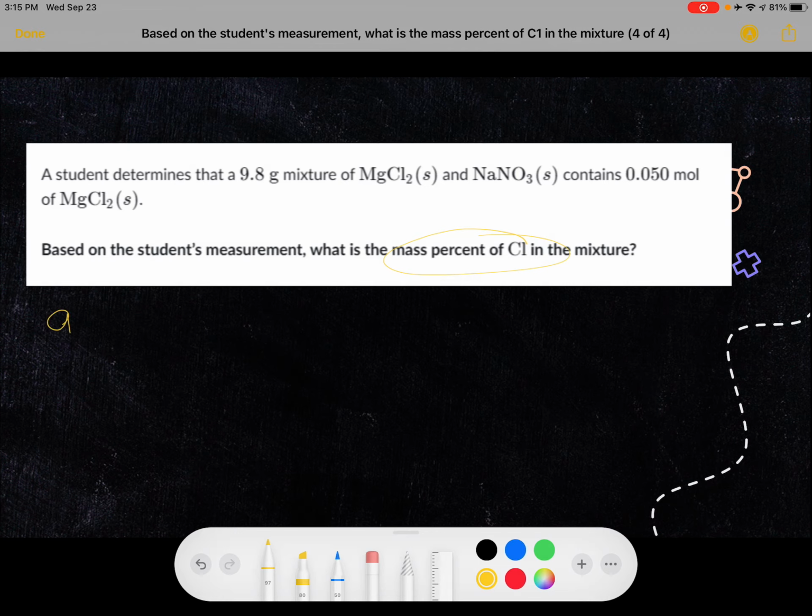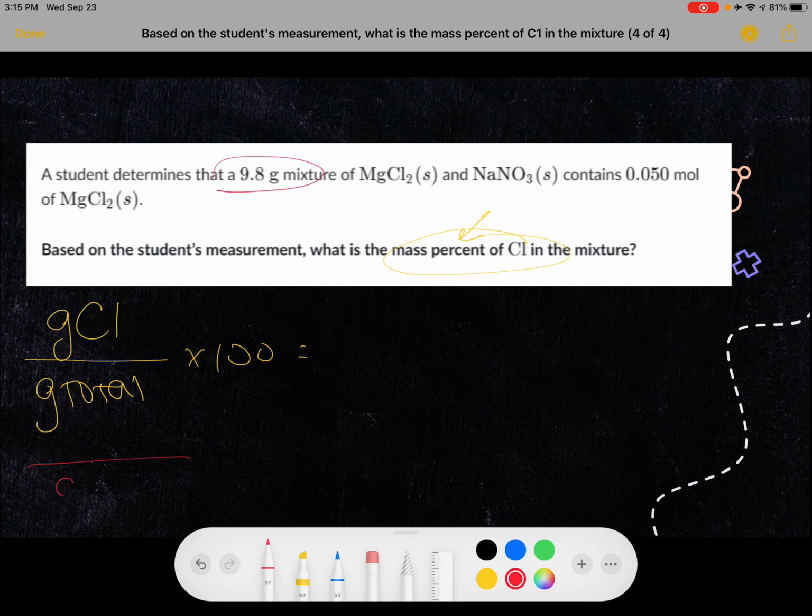That means I'm going to need the grams of chlorine divided by the grams total of the mixture, and then since it's a percent, we multiply it by 100. Now, which of these do I have in the problem? I have the grams of mixture. But what I don't have is the grams of chlorine. So we're going to have to find it.